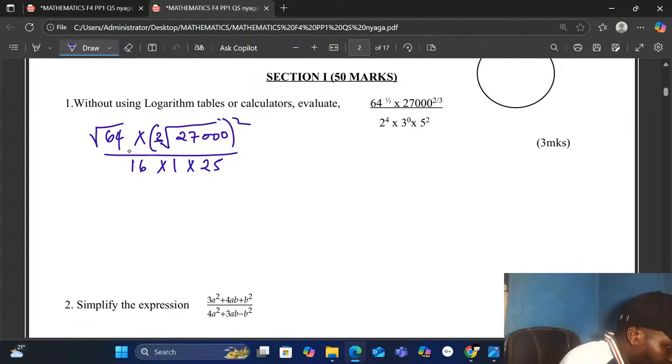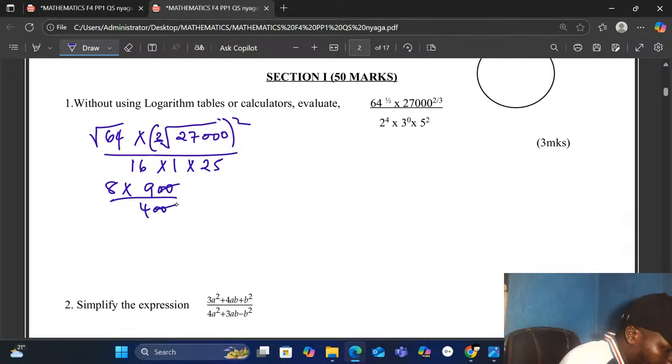So we shall have the square root of 64, which is 8, times the cube root of 27,000, which is 30, squared, you get 900. Then we divide by 16 times 25, we get 400.